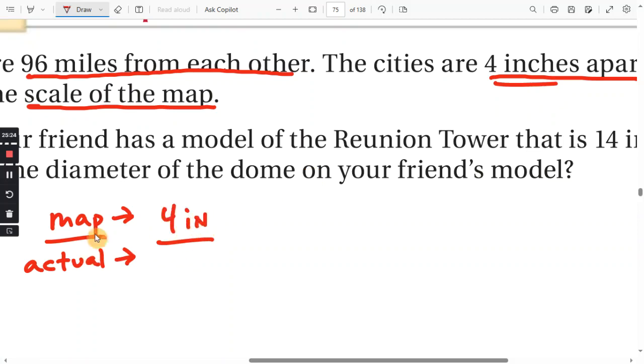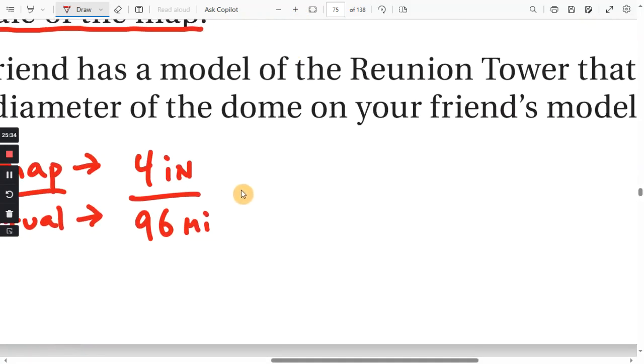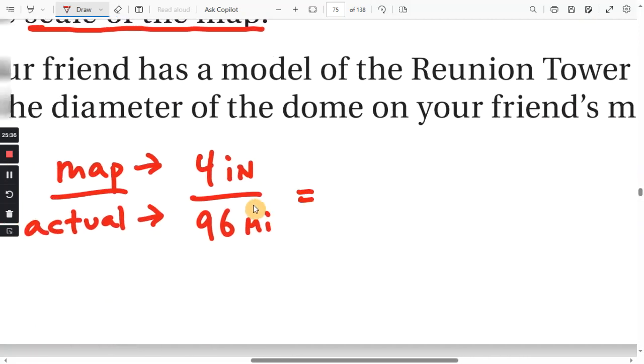And the actual distance is 96 miles. All right, so pretty simple. Both of these are divisible by 4. Okay, 4 divided by 4 is just 1. And 96 divided by 4 is just 24.